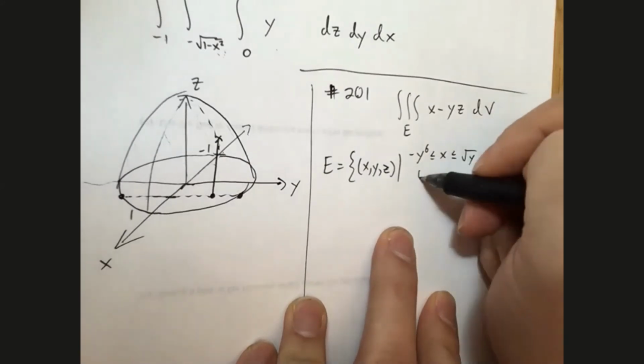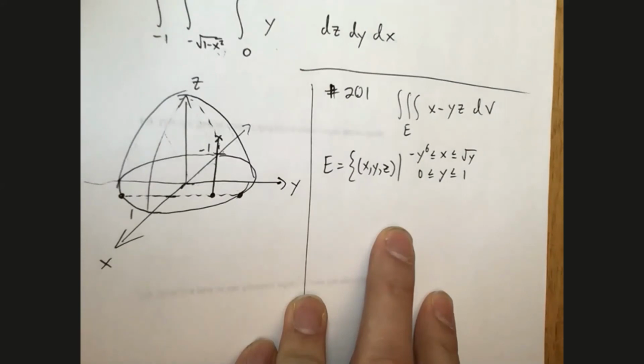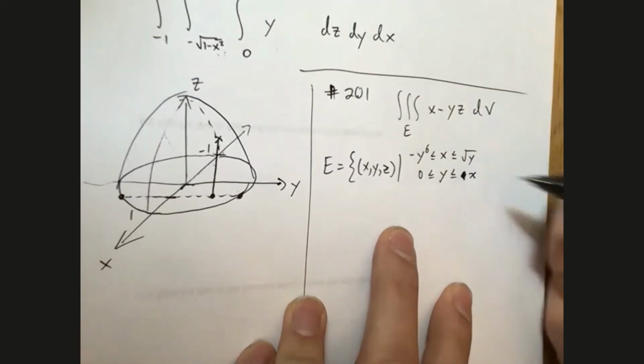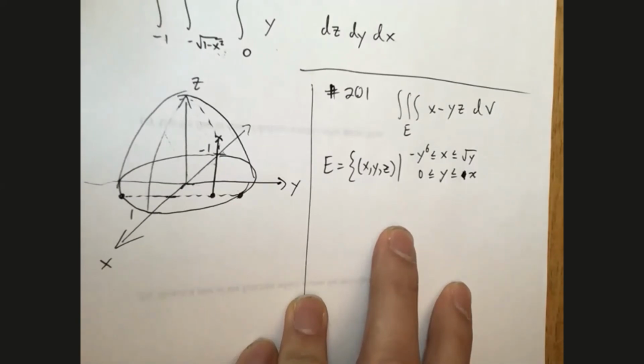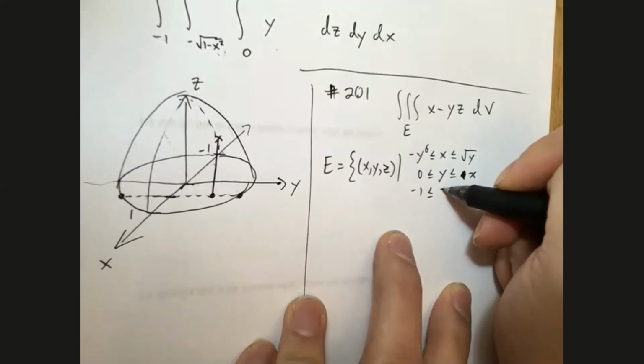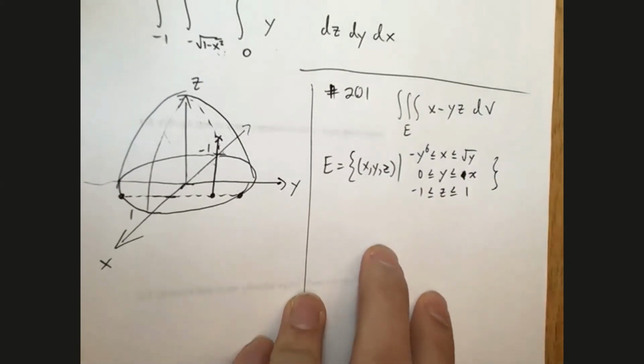Y is between 0 and 1. Oh wait, no, sorry, they did write a 1, but then they put an x next to it, so I'll just write x. And then z is between -1 and 1. So that's what we have. Y is between 0 and x.